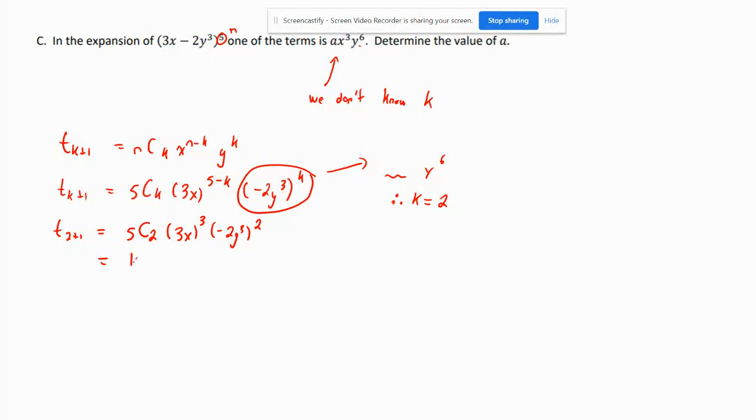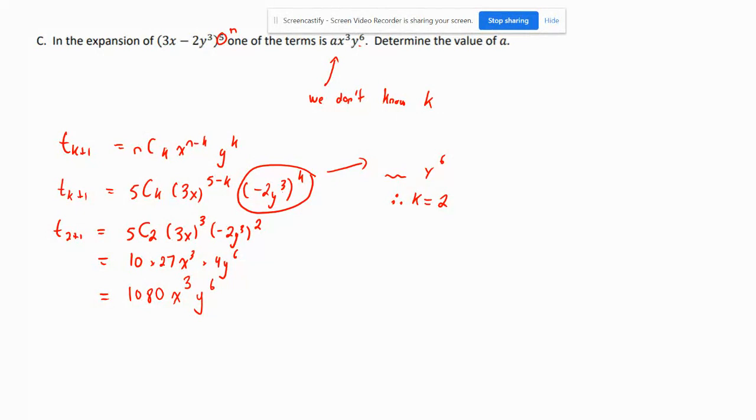5 choose 2 is 10, 3x cubed is 27, x cubed times 4y to the 6th equals 10 times 27 times 4 is 1080 x cubed y to the 6th.